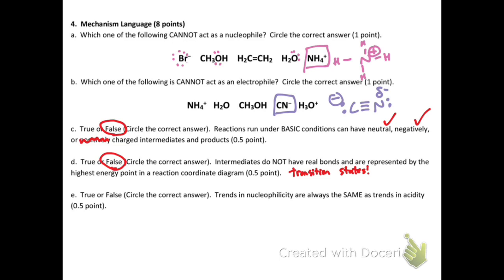And then finally, true or false? Trends in nucleophilicity are always the same as trends in acidity. Oh, that always word. Well, this one is, wait for it, I'm just kidding. This one's also false. All 3 of these are false. They're not always the same. They're often related, but this is actually a case of kinetics versus thermodynamics.